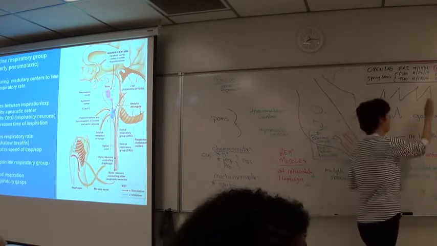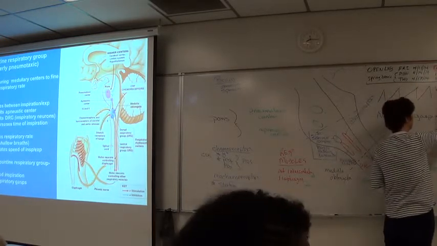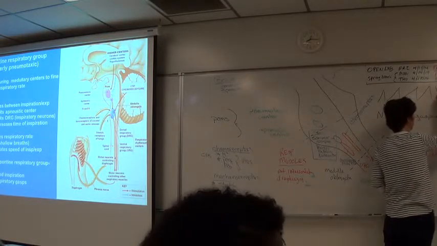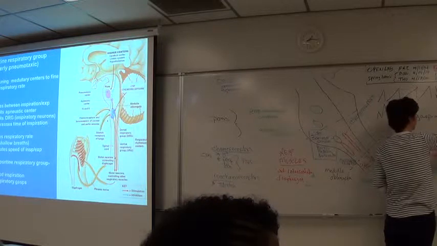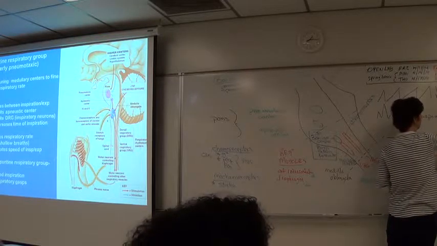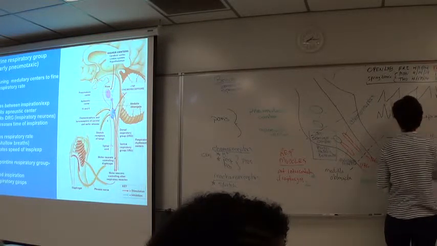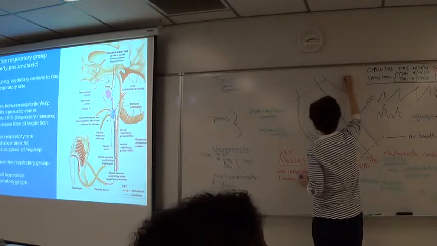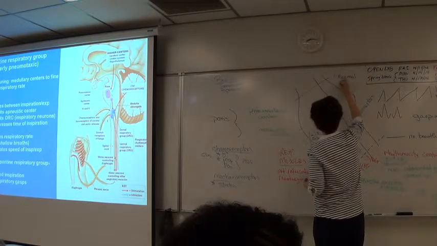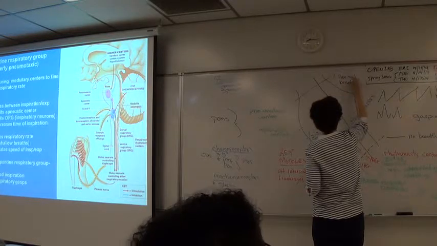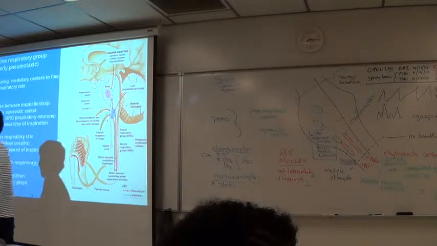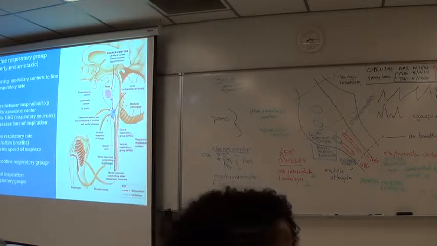Okay, so long inhalation, brief expiration, or exhalation. And then if we cut up here, normal breathing. You don't have to worry about with the vagus or without the vagus. That's affecting the speech.